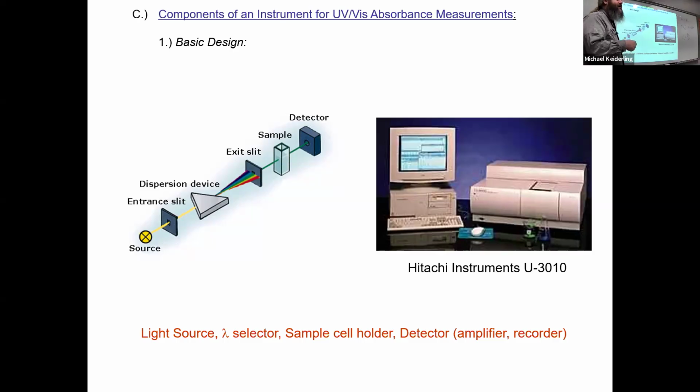We have a sample, and then we have a detector. So you have a light source, you have a wavelength selector, which is the entrance slit. That's this part. You have the sample cell holder, and then you have the detector. And then there's an amplifier and a recorder hooked up to that.